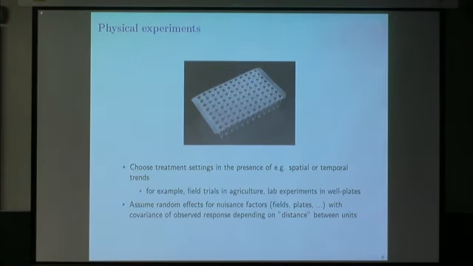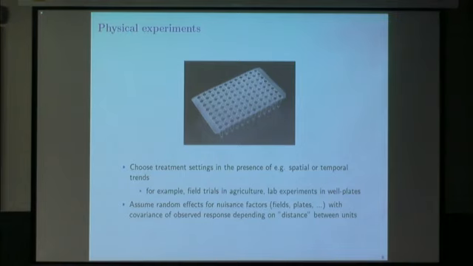The last example is from the physical experiments, where we want to choose the treatments that we are going to apply, for example, in a well plate, but we need to take into account some spatial or temporal trend.